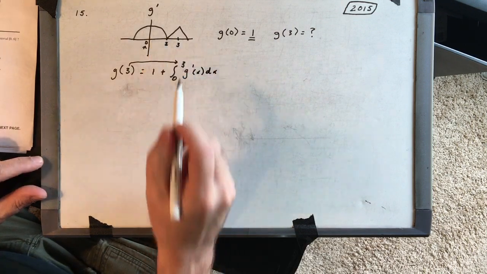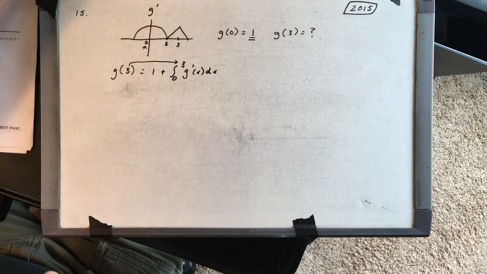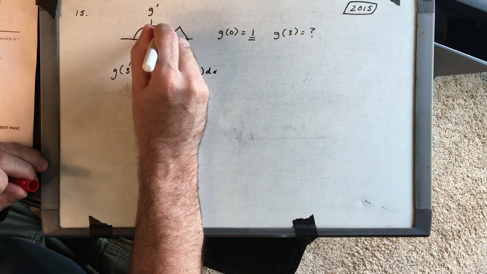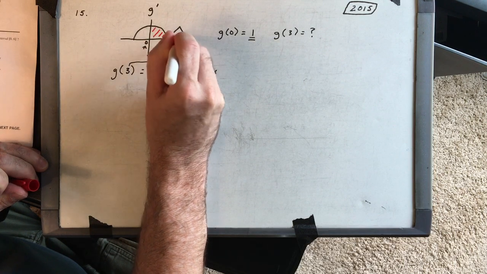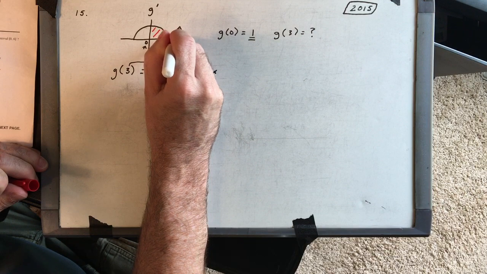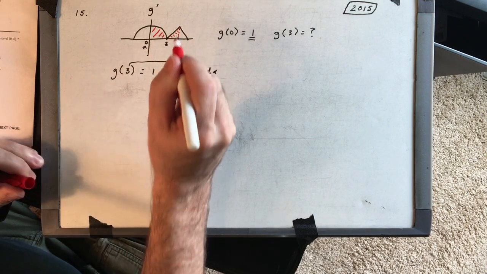So the area we're talking about is a quarter of a circle, and then a triangle.